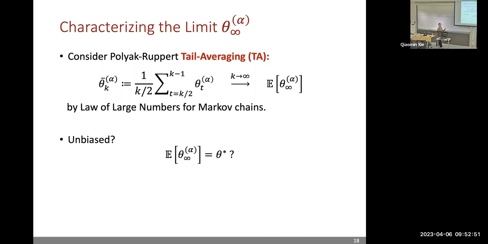And of course, as we saw earlier from the plots, the answer is no. This is why we care about the distribution. Because if you just focus on the mean square error, this will not give us a precise characterization of how these limits deviate from the true solution theta star. And in order to understand the bias, we are going to build on the results on the distributional convergence of the theta sequence.